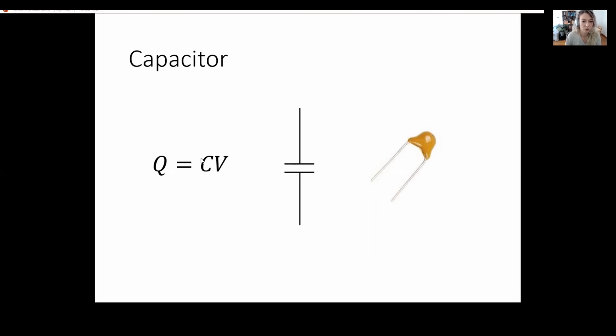So if you have a value for your capacitor, you can forget about that for a second, and the charge that can be separated is proportional to the voltage, the electric potential difference across the two plates. If we increase the potential difference across the plates, we can separate more charge. If we decrease it, charge is not allowed to be separated anymore and will flow off. That's how our capacitive currents are generated.